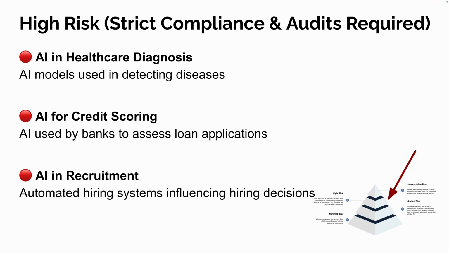AI for credit scoring, AI used by banks to process loans and mortgages, has to go through a lot of regulation because it is classified as high risk. AI in recruitment, automated hiring systems influencing final hiring decisions, has to go through a high-risk regulatory process. That means a lot of regulation has to be done in order for those AI applications to be rolled out to the general public.